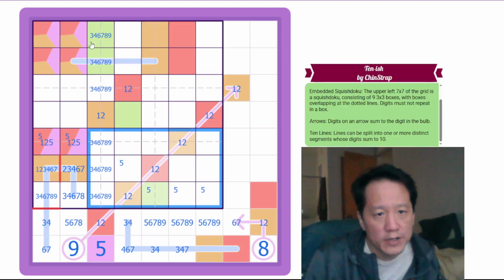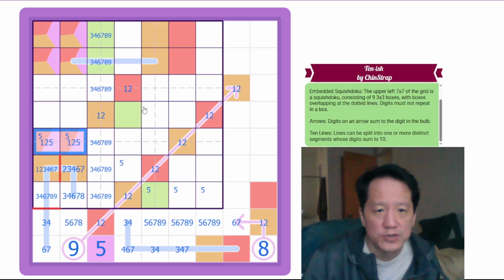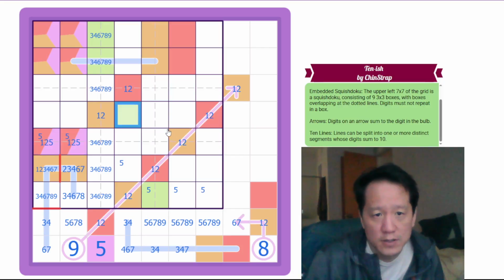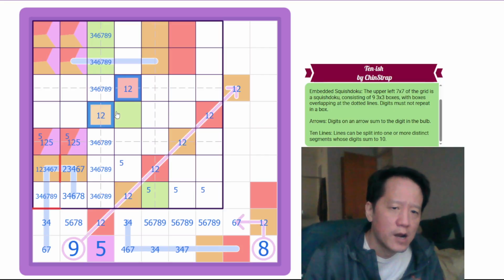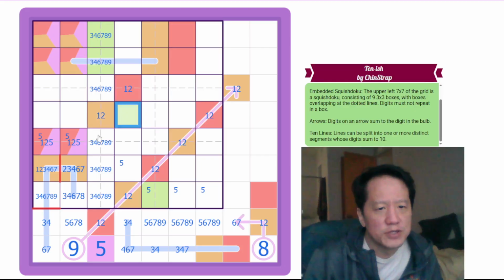No more greens can be in box 1 and 2. Green can't be here in box 4, so green would have to be one of these two. So this would be 5 necessarily, because it can't be 1 or 2.